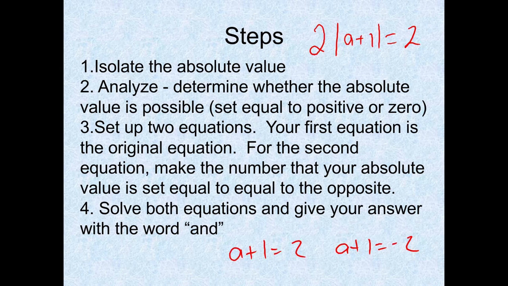So we're going to undo that multiplication with division. If it's addition, it's going to have an addition sign. If it's subtraction, it's going to have a subtraction sign. Subtraction signs go between the two things that are being subtracted. Okay? Step 4 is to solve both and then give a final answer.